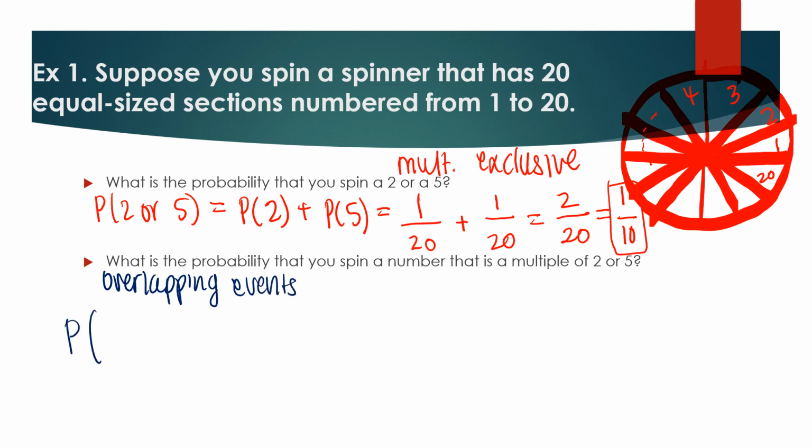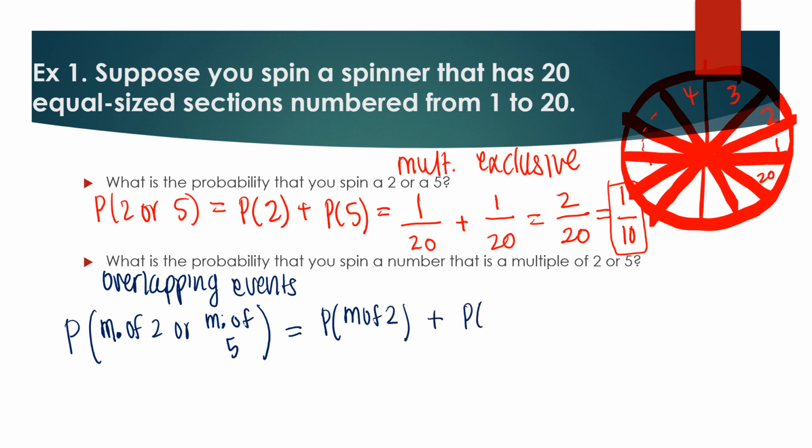All right, and then I'm going to abbreviate: probability of multiple of 2 or multiple of 5. So that's going to be probability of multiple of 2 plus probability of multiple of 5 minus probability of multiple of both.